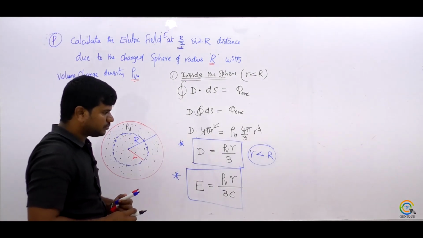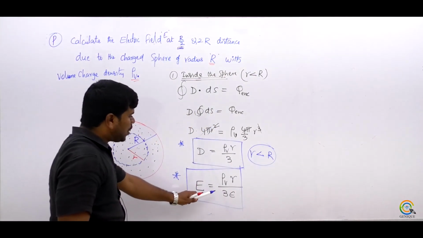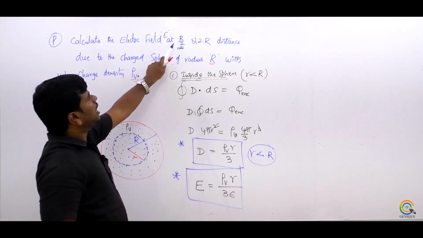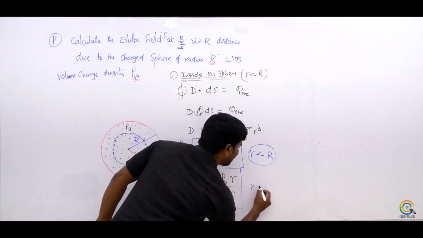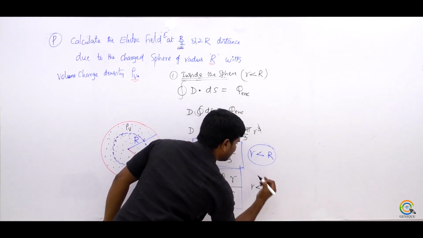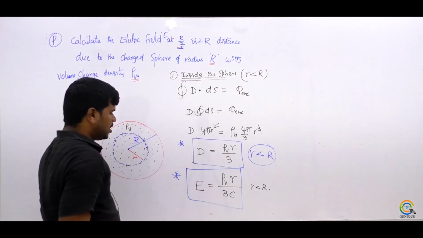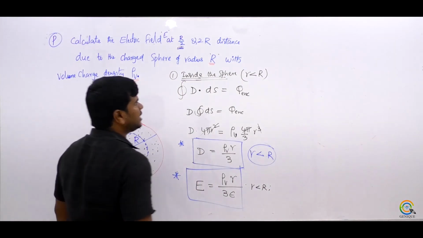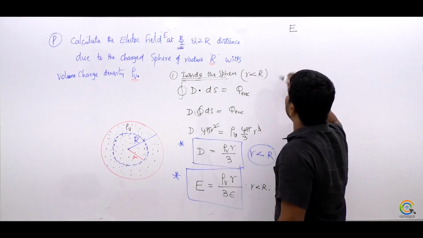Now, observe this. What do we have to find? You have to find the electric field intensity at R by 2. So this is for r less than R, these two. To find the electric field intensity at R by 2, put r equals R by 2.